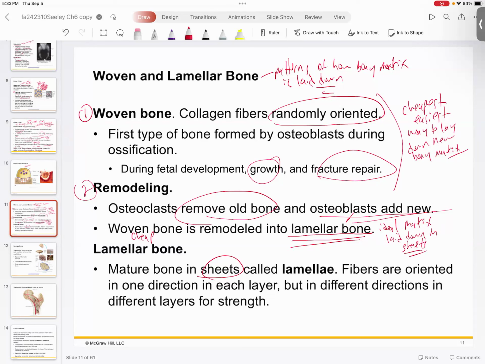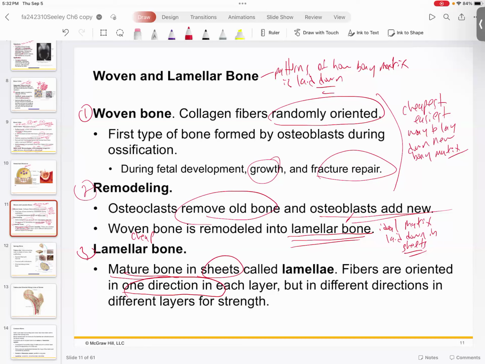And lamellar bone is essentially what your mature bone looks like, because you've had the chance to go through remodeling. You get a chance to really take your time to lay down all of these fibers in one direction, so it's very smooth, very uniform.